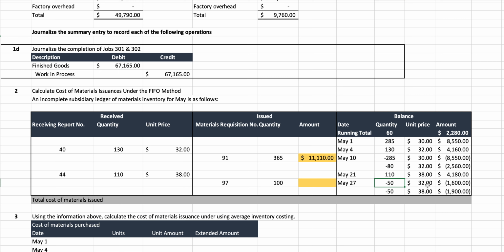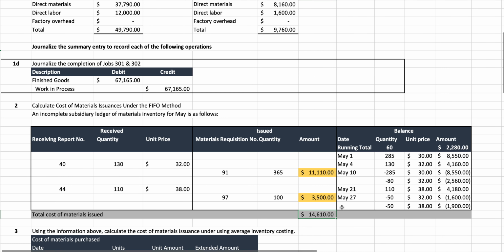So I issue them 50 units at $32, and then the other 50 units are issued at the higher price of $38. That gives me a total cost for this particular issuance of $3,500, and then the full cost for the whole month will be the summation of these two, which is $14,610.